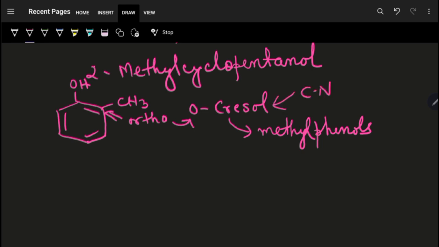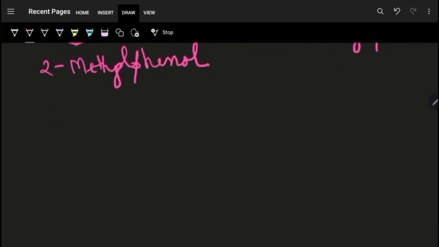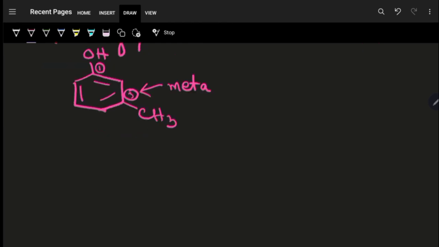But this is your common name. What is your IUPAC name? In the 2 position there is methyl, so we will say 2-methyl phenol. This is the IUPAC name. Now if I change this CH3 from the ortho position to the meta position, it is m-cresol, because CH3 is in the meta position.